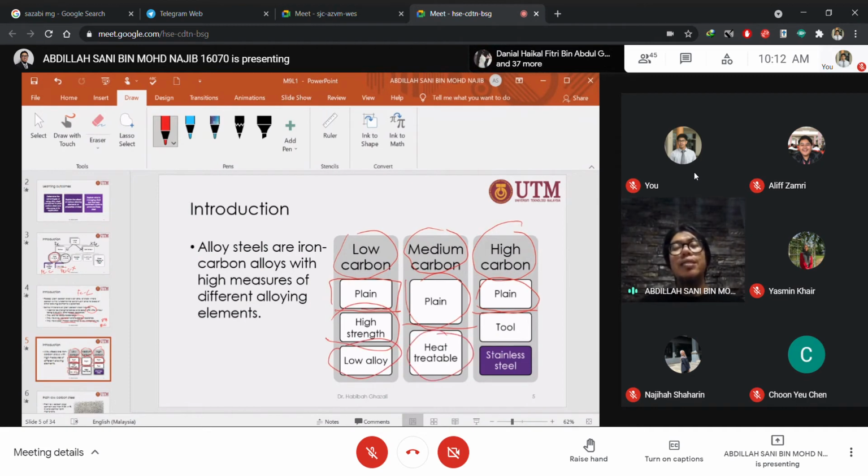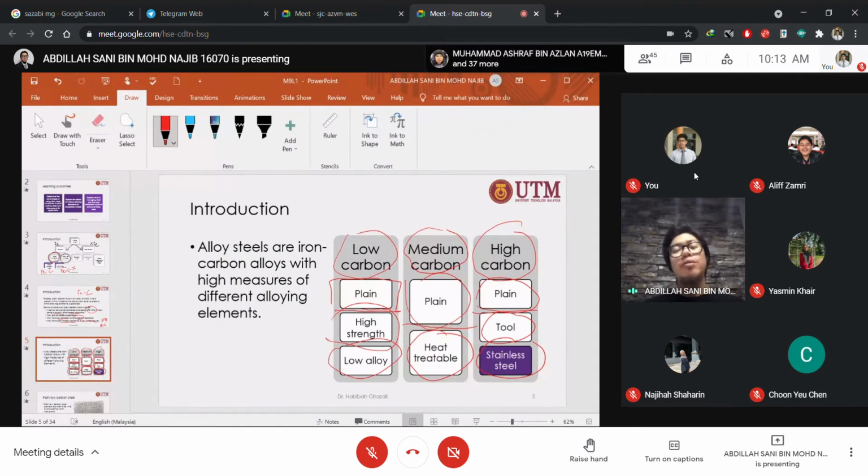Today we will look at all these categories except for stainless steel, which we will explain maybe next Wednesday, because stainless steel is a bit special: it is widely used and it can be further categorized.